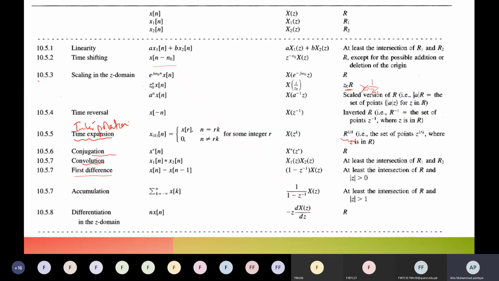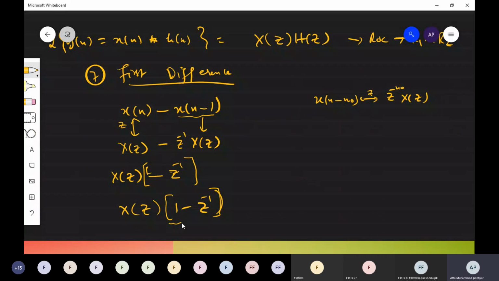So what about the ROC? The ROC must be |z| greater than 0, right? Because we got a pole here at z equal to 1, we have to make sure that |z| must be greater than 1 at least, because we know that the ROC must not include the pole, right?